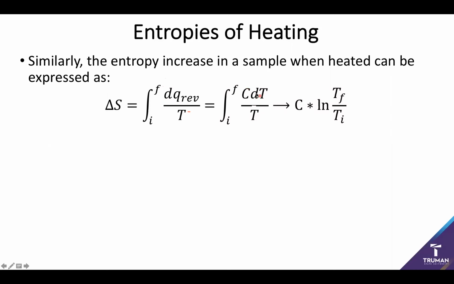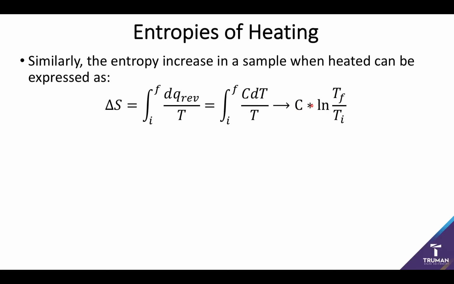And so by doing this, we can essentially help pull out the heat capacity. And if the heat capacity is constant with temperature, which it often is under a small temperature regime, the heat capacity comes out front and we get the change in entropy being related to the heat capacity of the system times the natural log of the ratio of the temperatures.